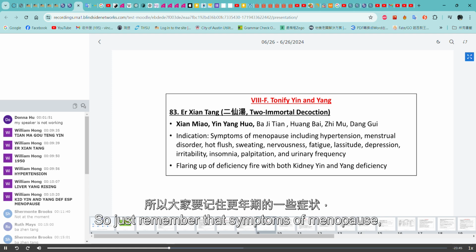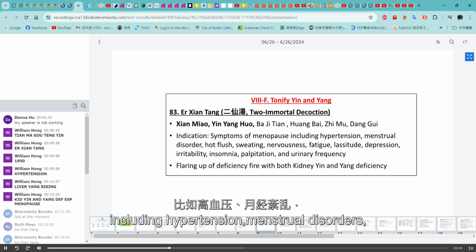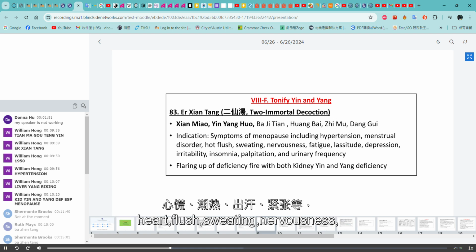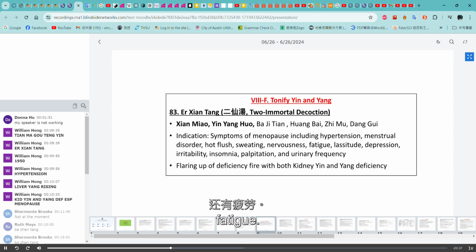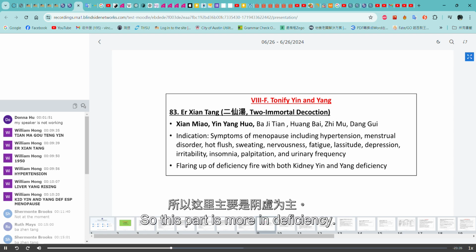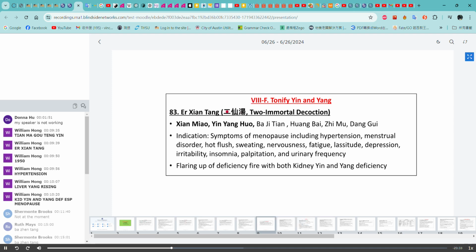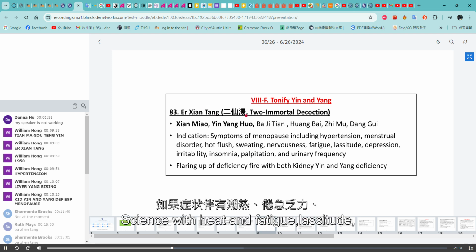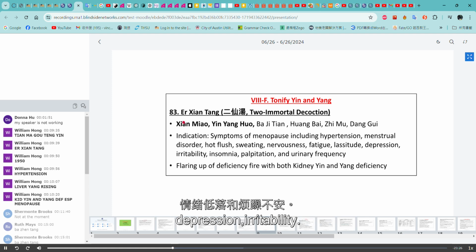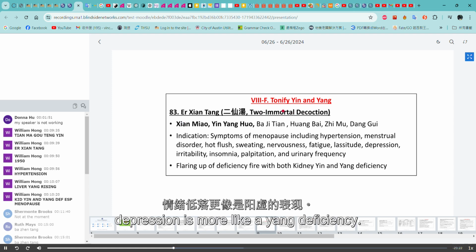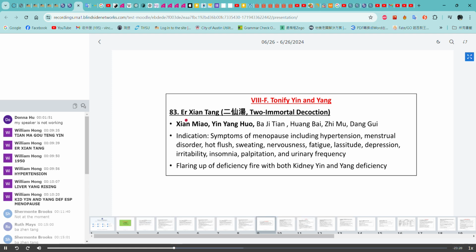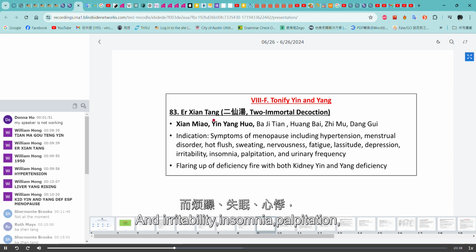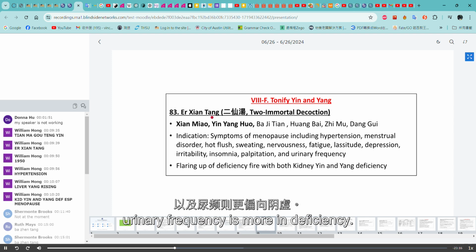So just remember the symptoms of menopause, including hypertension, menstrual disorders, hot flush, sweating, nervousness, fatigue. This part is more yin insufficiency signs with heat. And fatigue, lassitude, depression is more like a yang deficiency, and irritability, insomnia, palpitation, and urinary frequency is more yin deficiency.